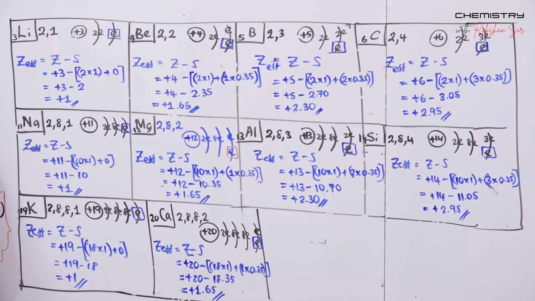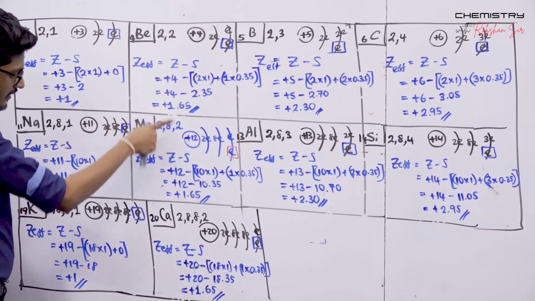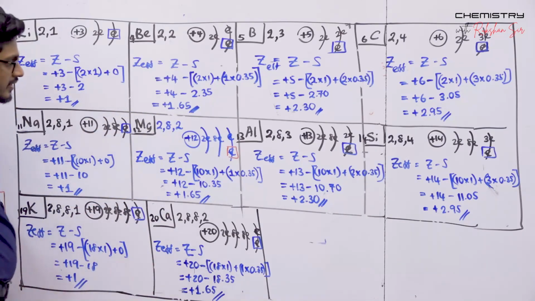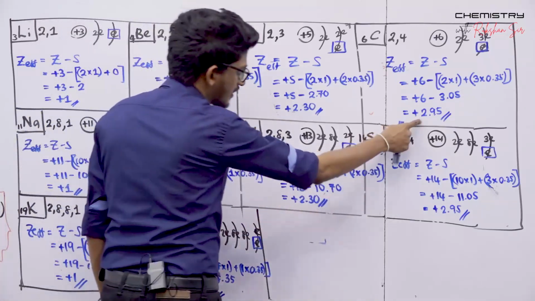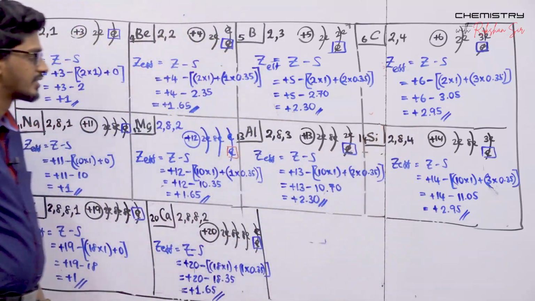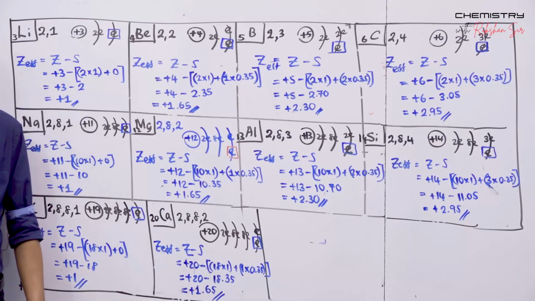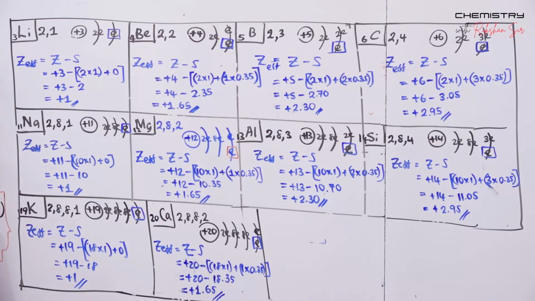When going down, it's the same, no? When going down, the effective nuclear charge will be the same. So we can conclude that going down a group, the effective nuclear charge won't change.